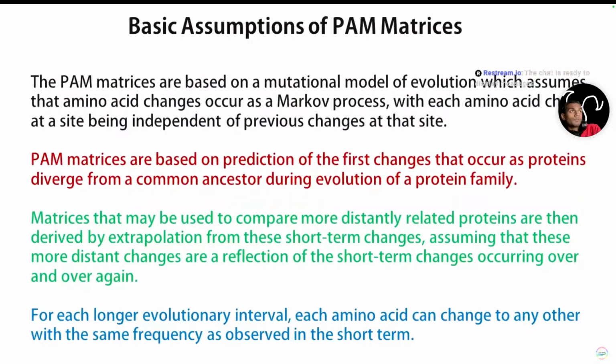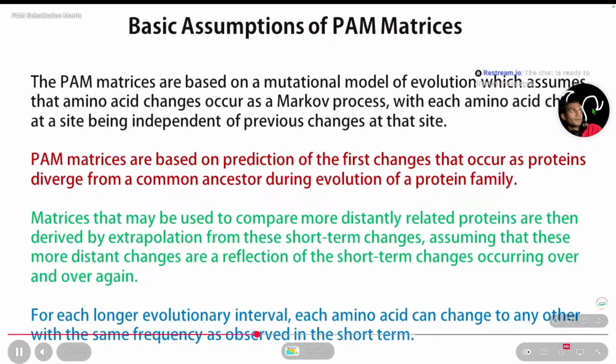These are the basic assumptions of PAM matrices. The PAM matrices are based on a mutational model of evolution which assumes that amino acid changes occur as a Markov process, with each amino acid change at a site being independent of the previous changes at that site.